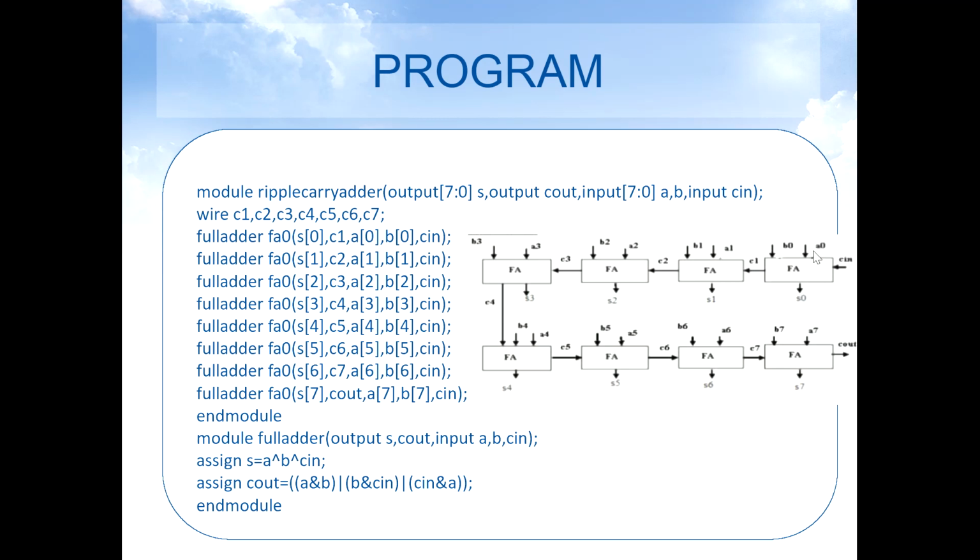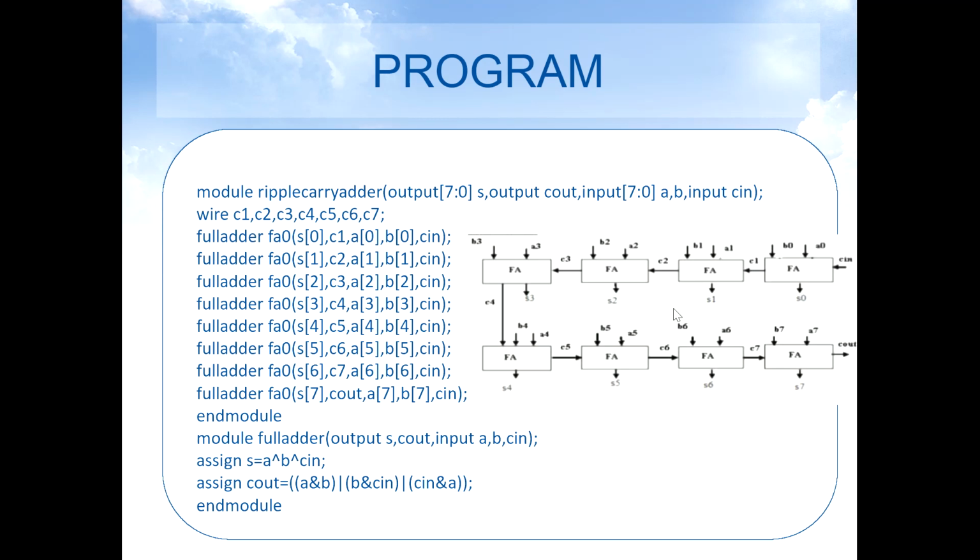Similarly, you can see that the binary numbers A0, B0, A1, B1 till A7, B7 are being given, which is mentioned using [7:0], that is, 8 inputs are given as A and B. Similarly, you can see that C1, C2 are the wires that we have mentioned here.